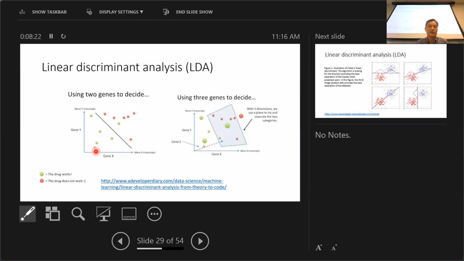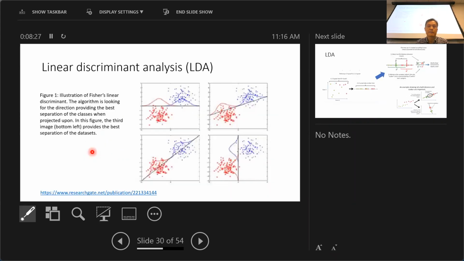So what we can do is to learn a PC, which in this case, we should learn a PC like this. Rotate your data points and allow them to separate as much as possible.